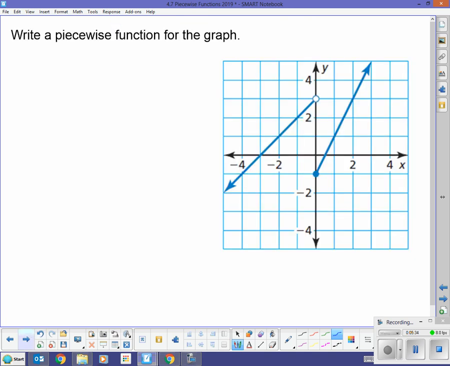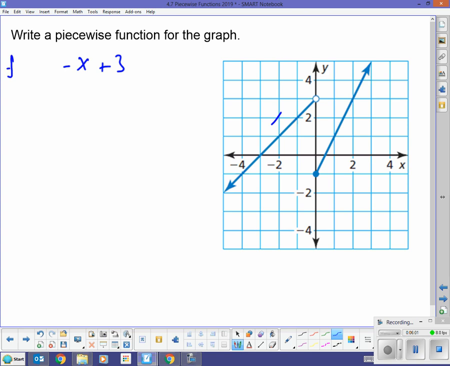Now we're going to write a piecewise function for this graph. Writing the function is similar to graphing, but kind of backwards. Let's look at this first section of the graph. I know my y-intercept is at 3, so I'm going to put a +3, and it looks like my slope is -1. So -x plus 3.